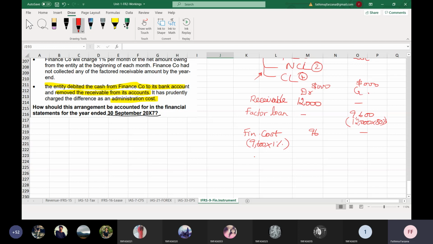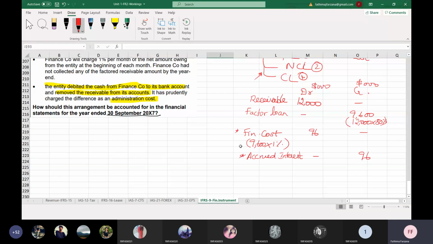Very good. Basics must be strong. Here instead of current liability, I have to be specific: this is accrued interest. We used to call it outstanding interest, here we call it accrued. How much is it? The same 96. One debit, one credit. These two are adjustments.